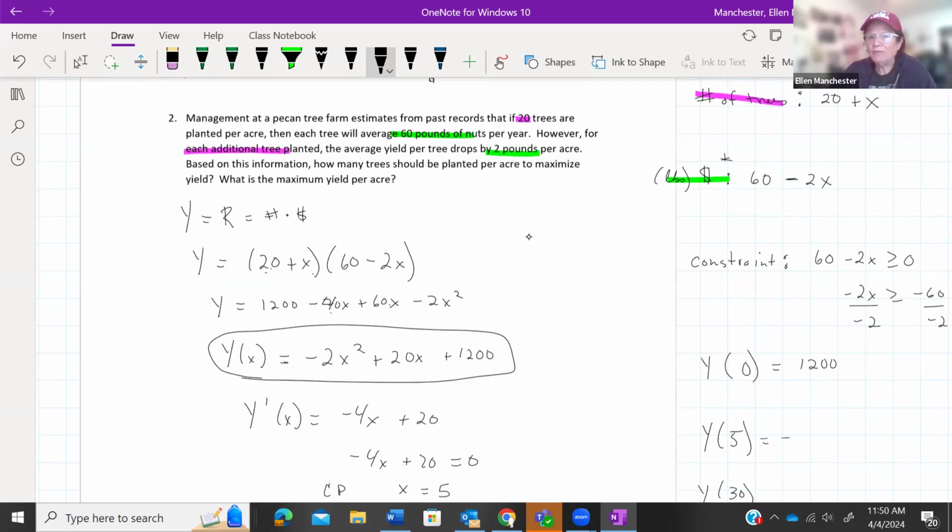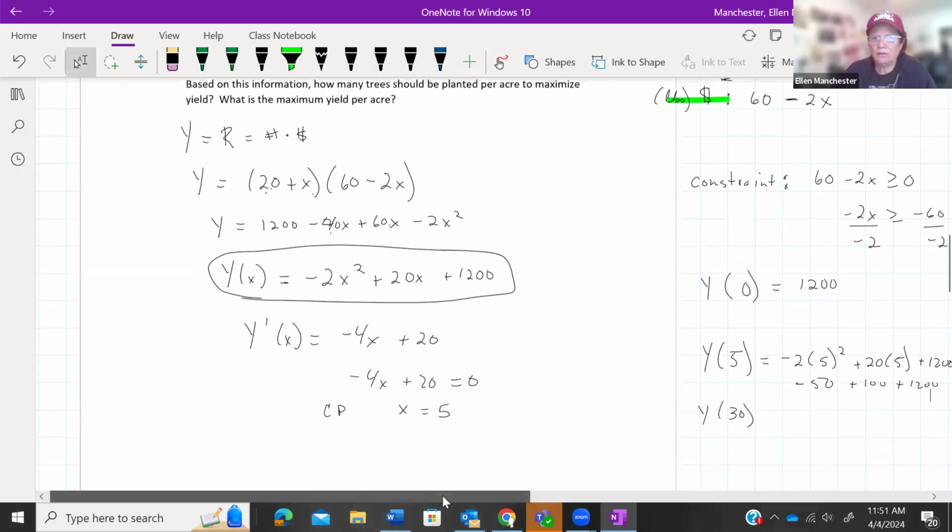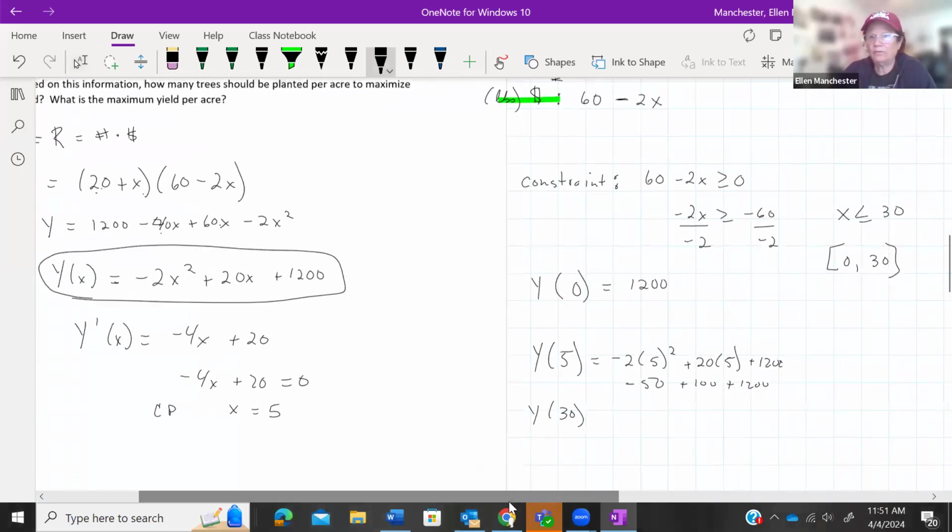But if I make 5 changes, in other words, in this example, the 5 does represent the number of trees. So I have 25 times -2 is -50 plus 100 plus 1,200. So I get 1,250.